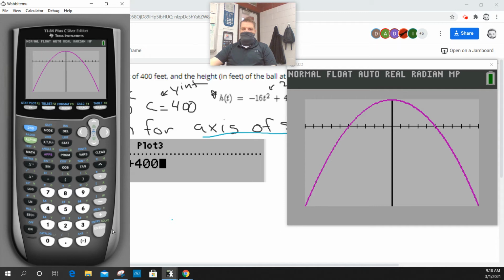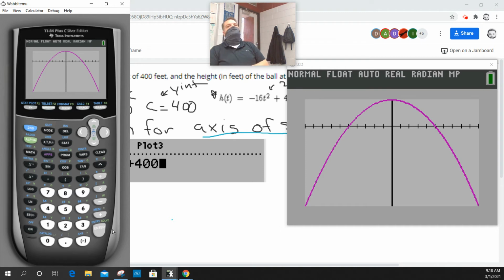Hey, wait a second. Look at that graph. What does it look like the line of symmetry is? Where does that look symmetrical? If you were to cut the U in half, where would you cut it?